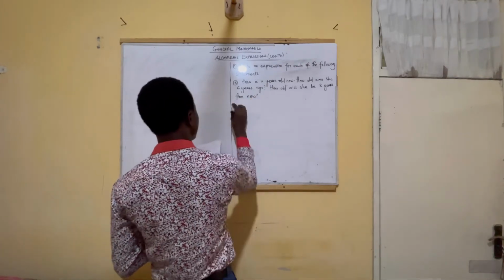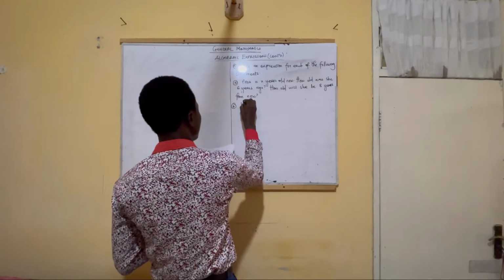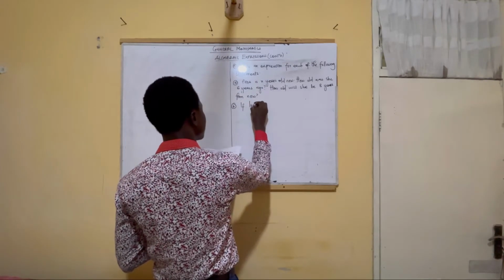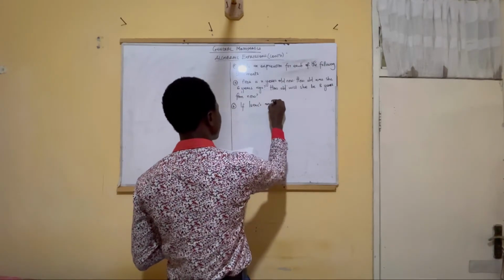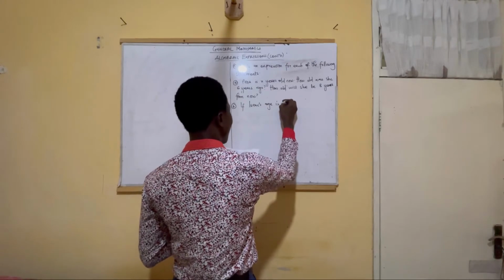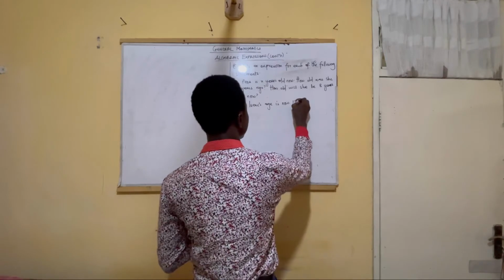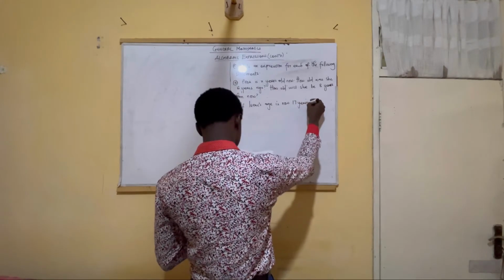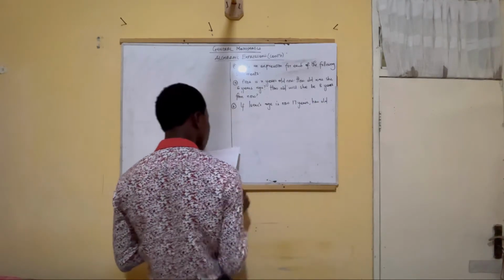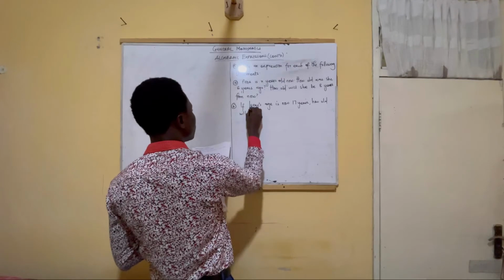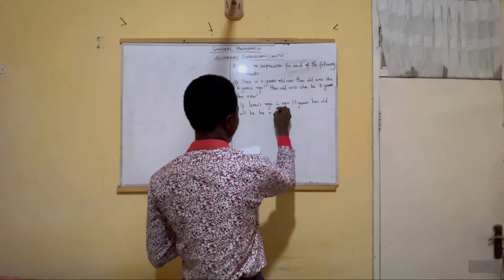All right, B. If Isaac's age is now 17 years, how old will he be in 10 years' time?